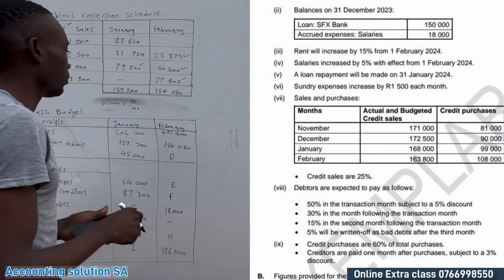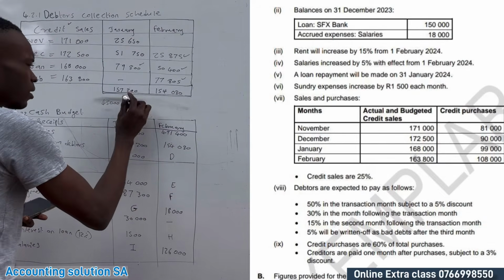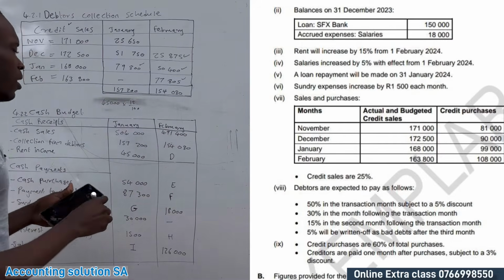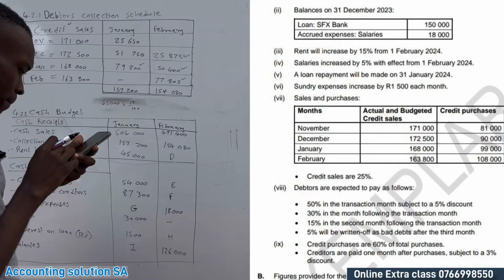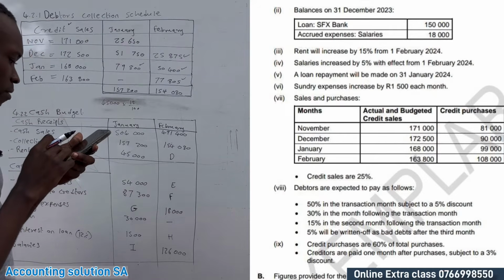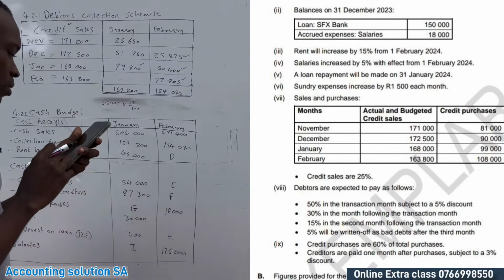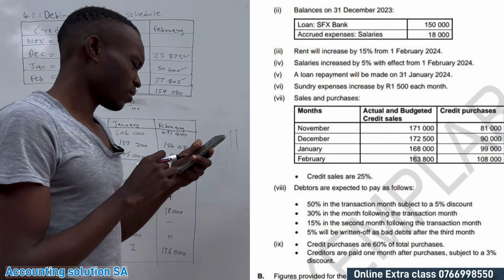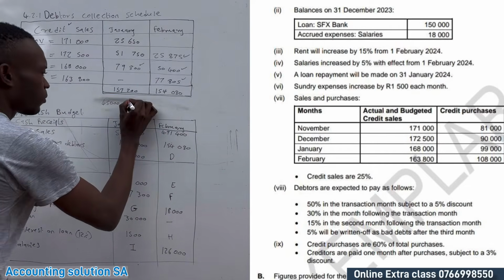Or you do what your other teachers are doing: 15%, and you get an amount. You can calculate it, but it's going to give you the same answer.